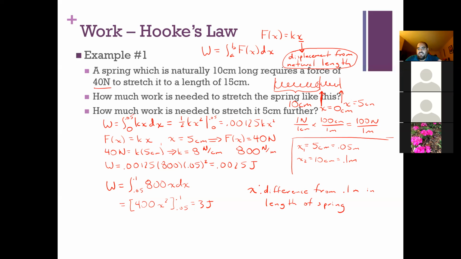Because let's just think about what's happening when the spring is 0.1 meters long. If the spring is 0.1 meters long, there is 0 force acting on it because it's not compressed and it's not extended. So I'm only going to get a force if the spring is shorter than 0.1 meters or longer than 0.1 meters. And because of that, if I have no force, I have no work.